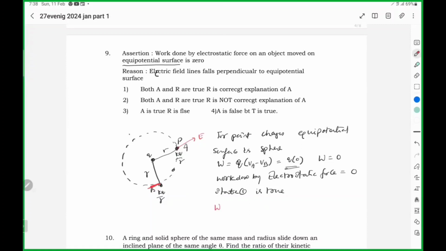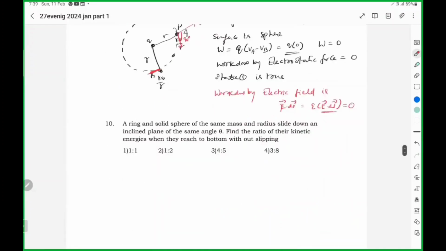So since they are perpendicular, work done by the electric field is F dot ds, which is Q E dot ds. They are perpendicular, so the dot product is 0. So A and R are true and R is the correct explanation.